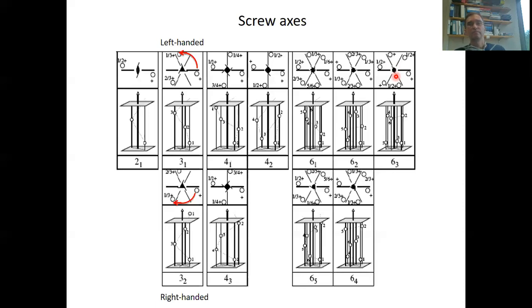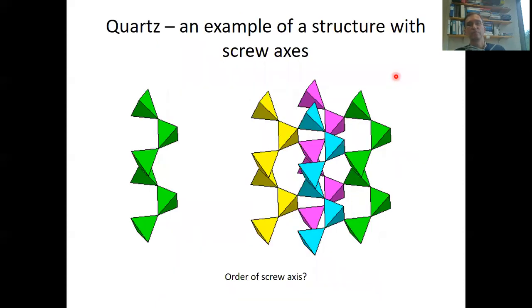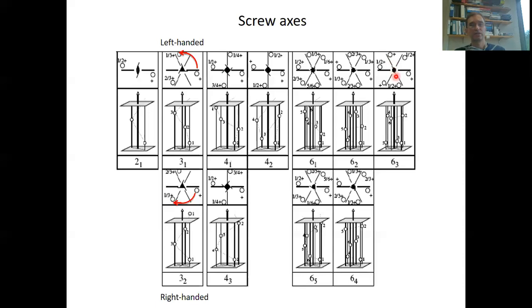All right. So now some of the screw axes, as we have discussed, are chiral objects. Okay, so for instance, the 3-1 and the 3-2 are enantiomers to each other. So that gives rise to a phenomenon which is called enantiomorphism.